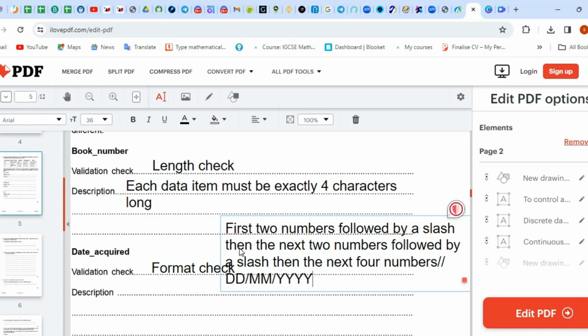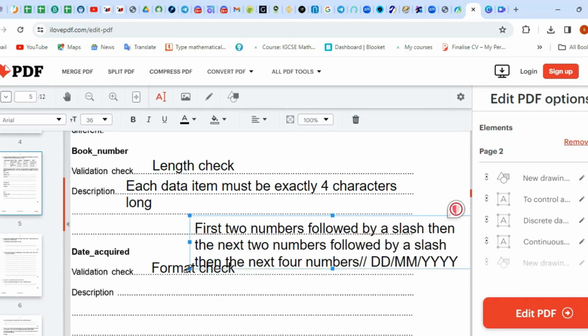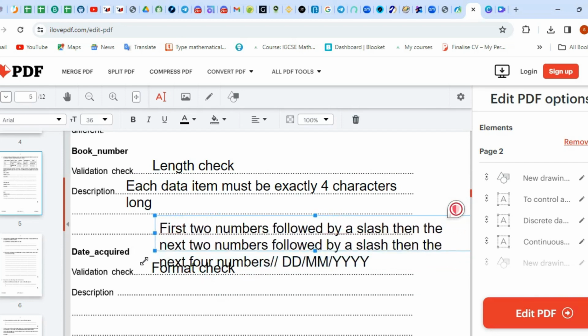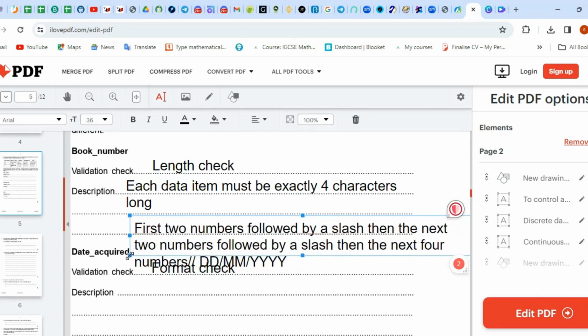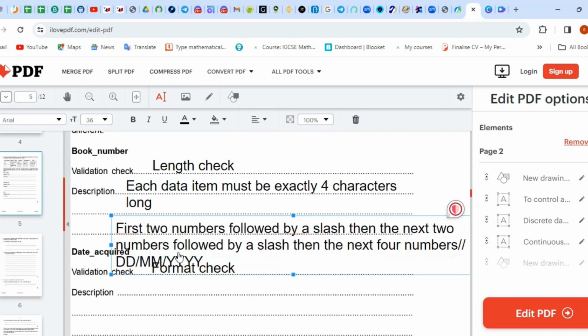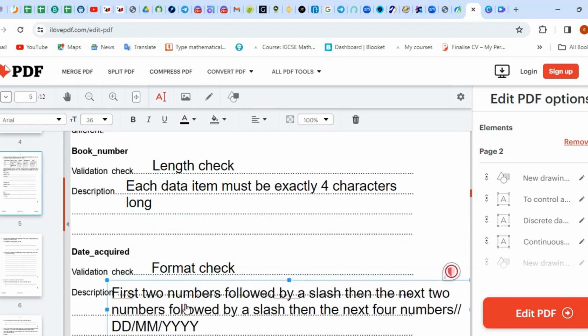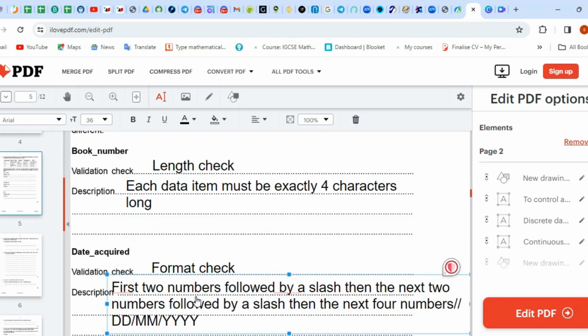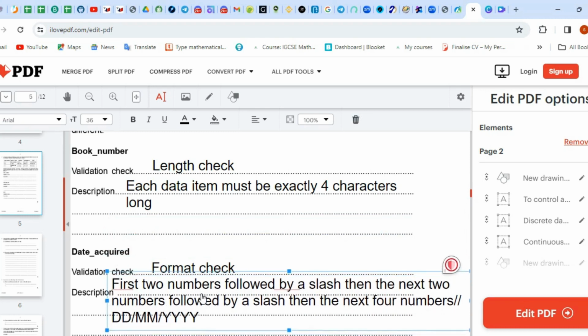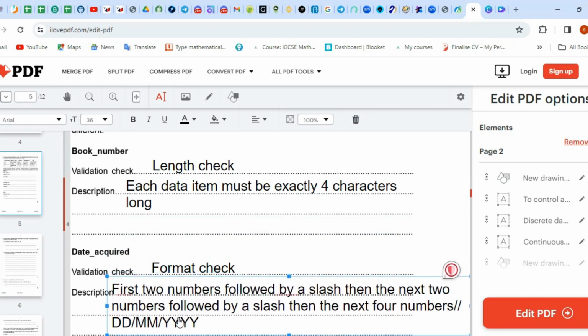Yes, that's correct. When you are asked your date of birth, you have DD, or you are asked for when you started something, maybe when you entered secondary school, or started primary school, or are going to start tertiary institution.